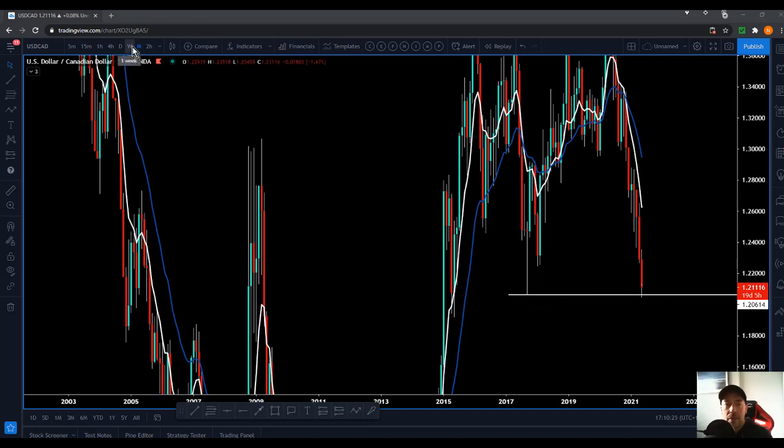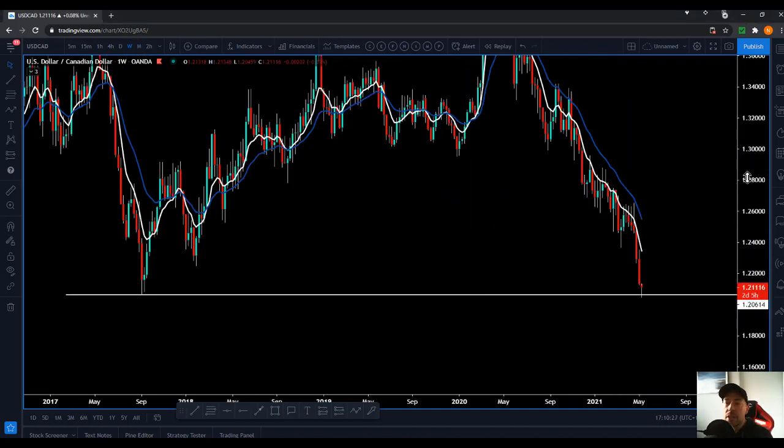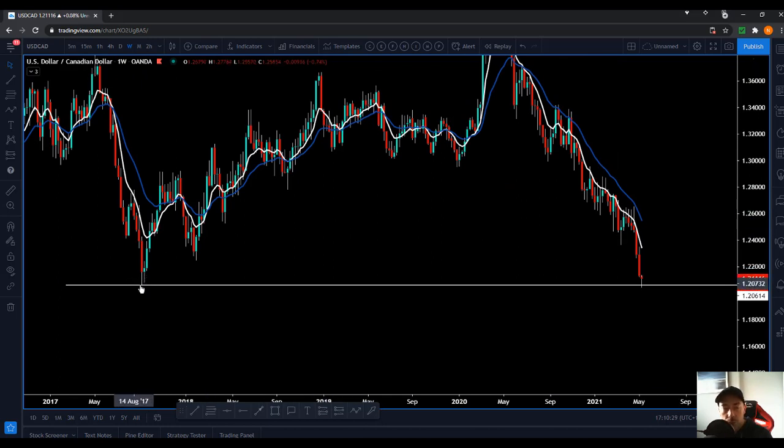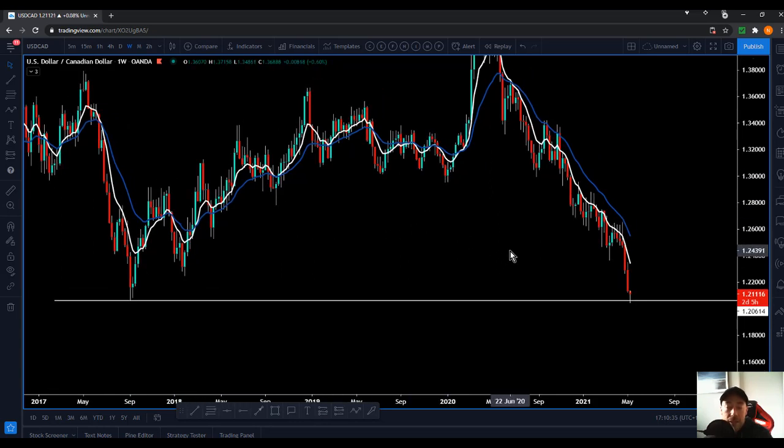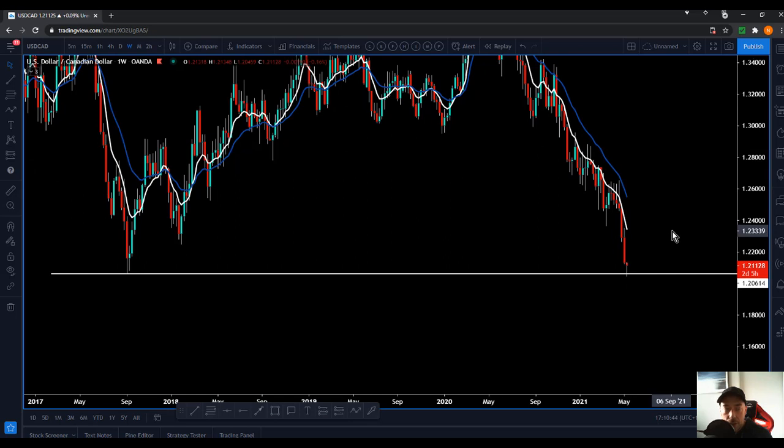Now, I'm not necessarily expecting a big reversal like we did here. We got to this support. We had an impulse, a correction, impulse, correction. I'm not really expecting that. I'm quite open. But what I am looking for is that pullback into the moving averages here on the weekly time frame.